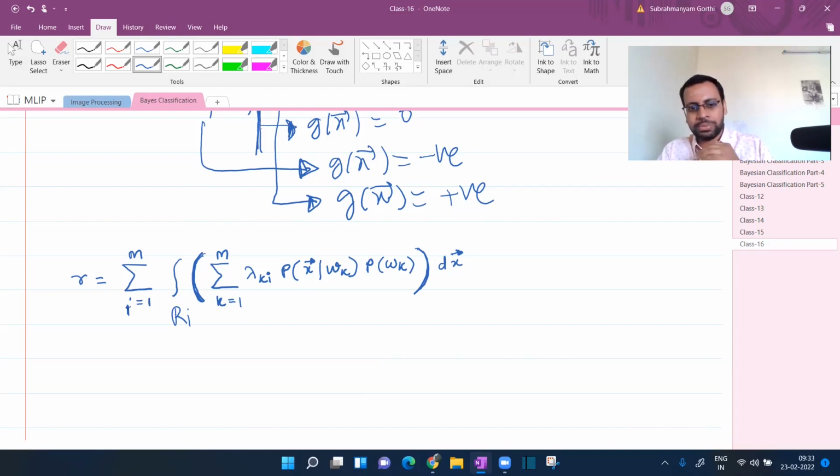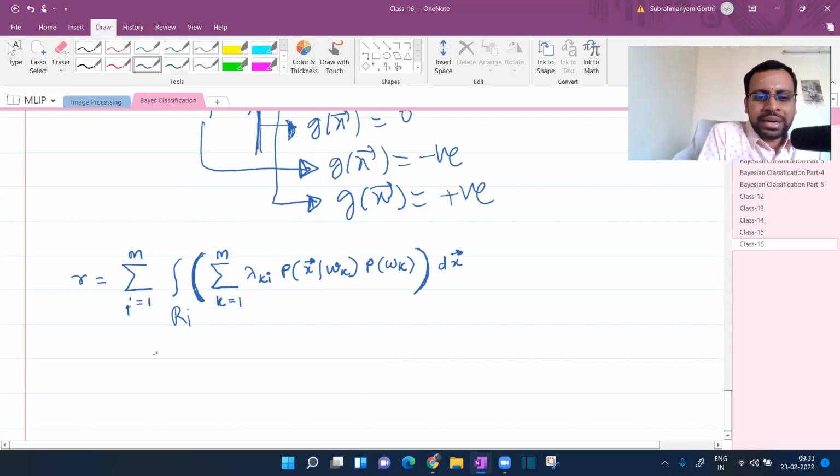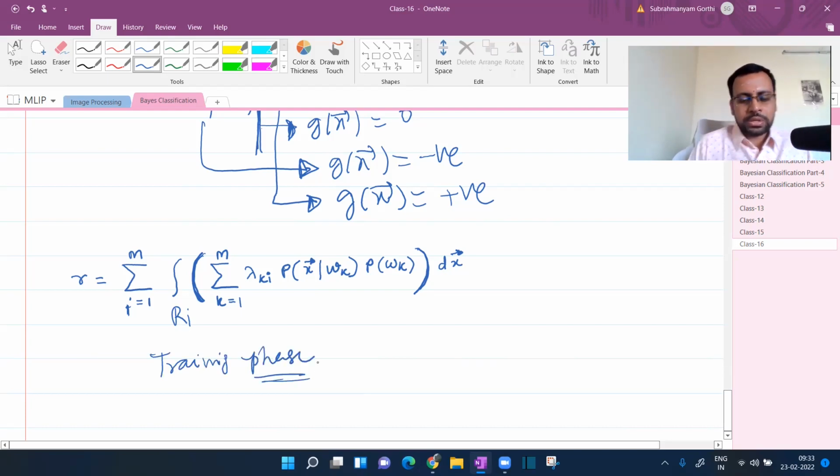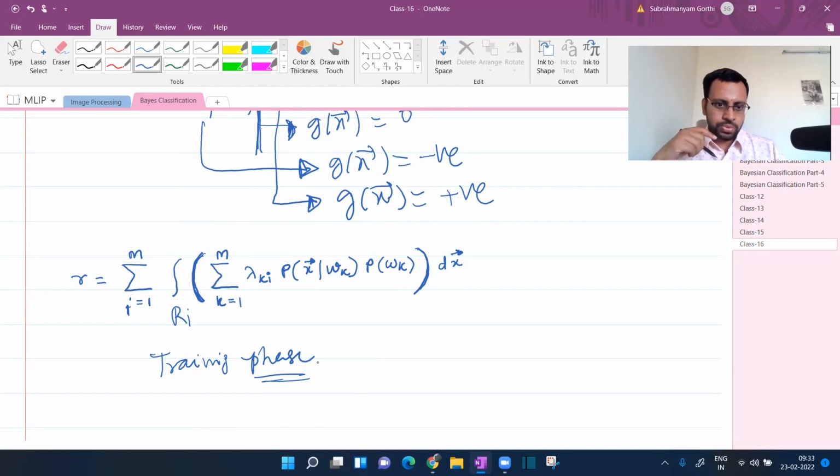While you are in the training phase, that means you are finding out the regions. How do you do that? You fit the decision planes such that a given sample belongs to the right class.